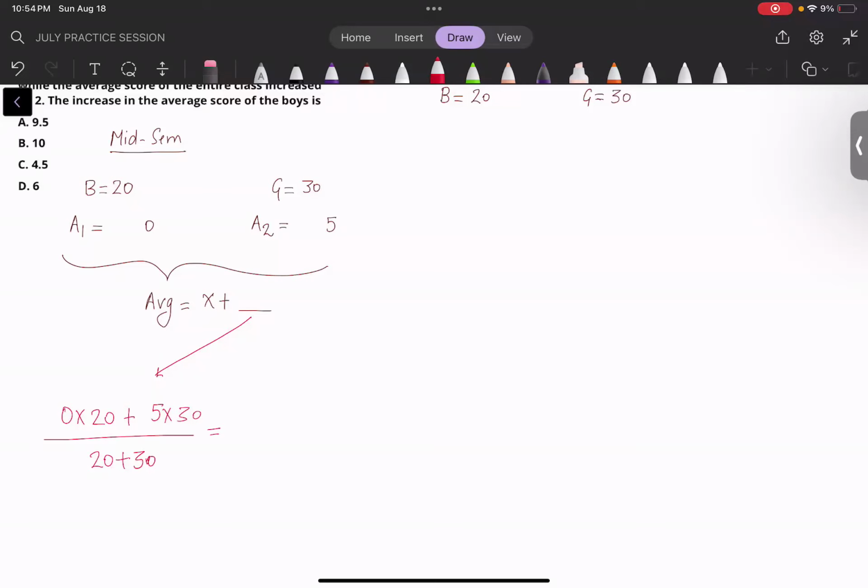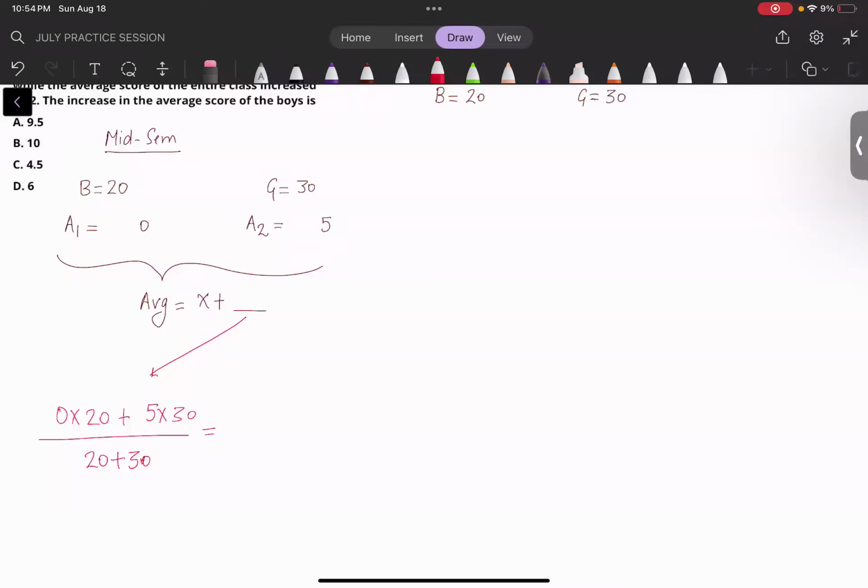So how much will this give you? This will give you 30 into 5, 150, 150 by 50, that is 3. X plus 3 you will get. Okay, don't take X. X will come definitely. Without X you solve it, you will get 3. So X plus 3 you will get.